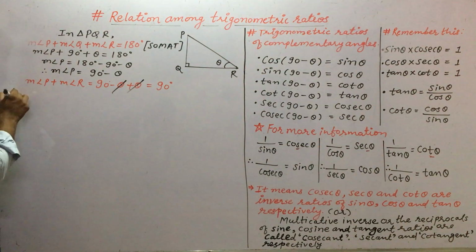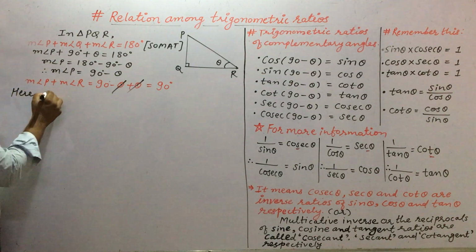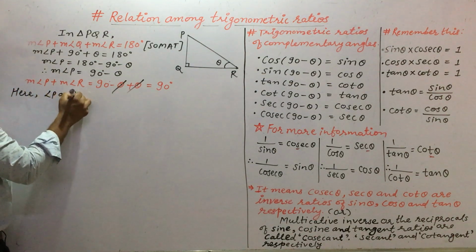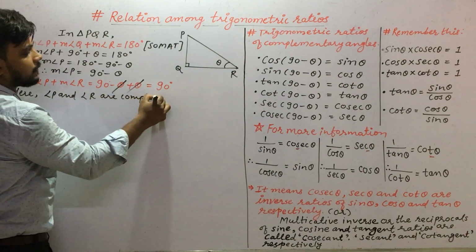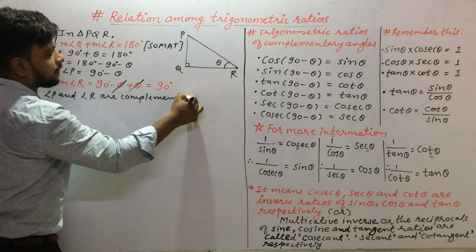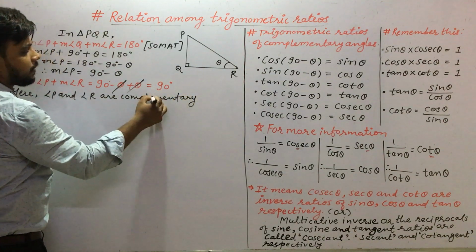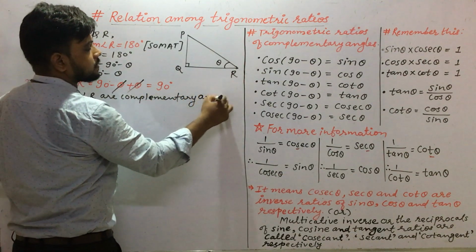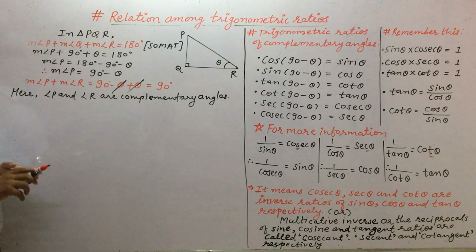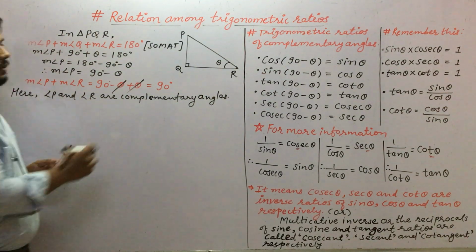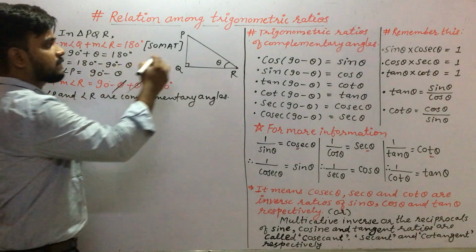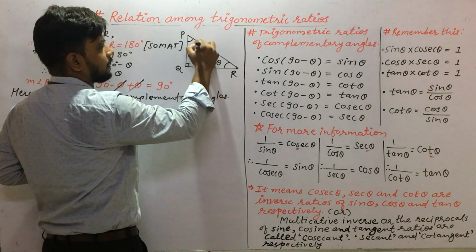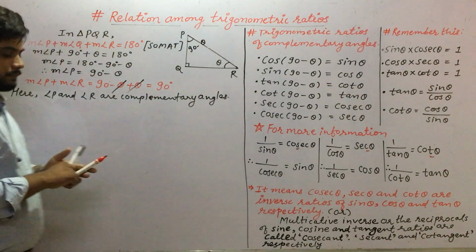So here we can write: angle P and angle R are complementary angles.